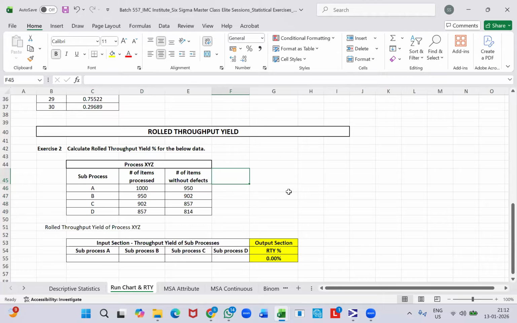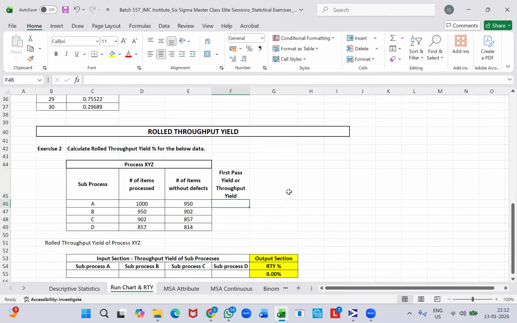So we can calculate the first pass yield or the throughput yield for all the 4 sub-processes. But in the final assessment, you would be given the throughput yield values, as I told you. There is no need for you to calculate the throughput yield values as we are doing here.